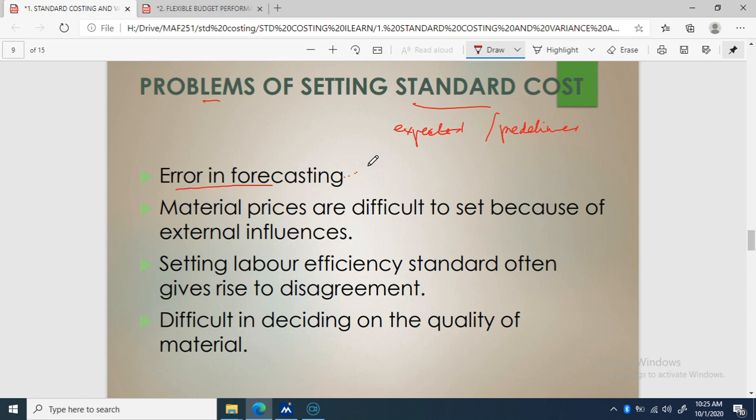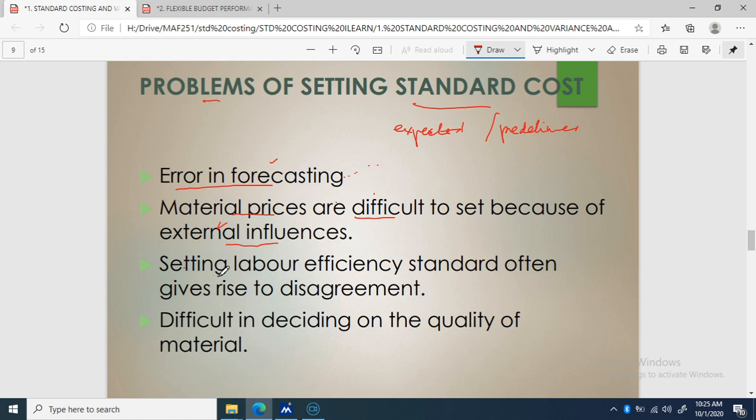You say 1 unit of product uses 1 kg, but maybe you use more. Number two, material prices are difficult to set. So how to set the material price? Because the price is normally influenced by external factors, such as the supplier and the market setting the price. So maybe the price keeps increasing in the future. You do not know. So that's why it's very difficult to set the material price.